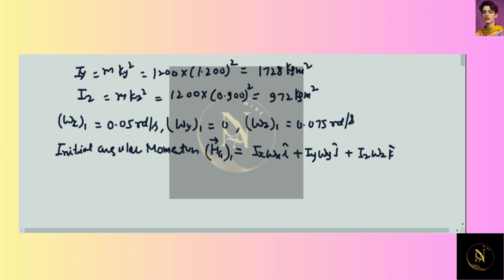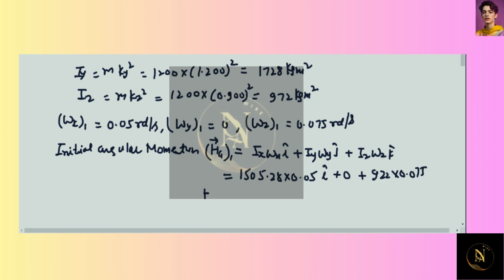Now substitute the values. Ix is 1505.28 into 0.05 i cap. The y component is 0, and it is 972 into 0.075.